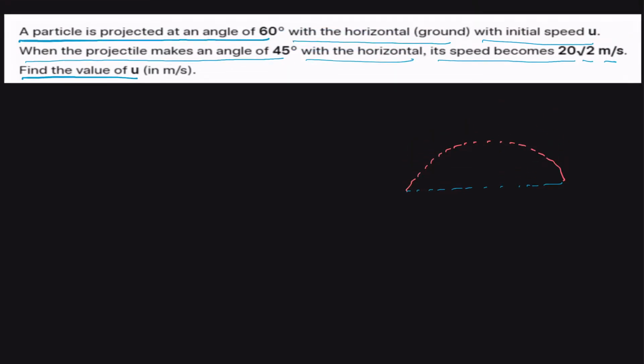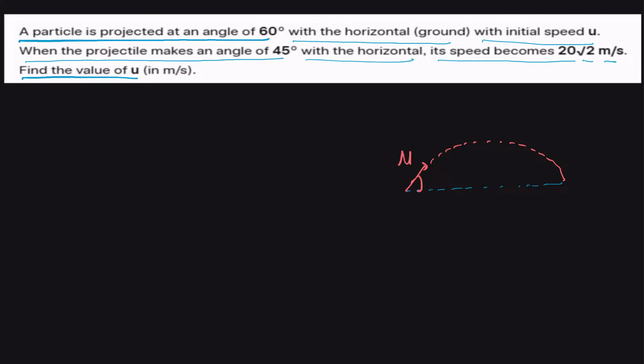So let us draw an approximate figure. It is given that a projectile is launched at an angle of 60 degree, and let us suppose it is launched at a velocity u.